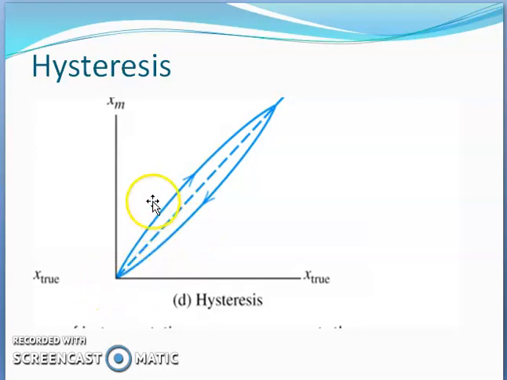So the deviation between the increasing and decreasing curves is called hysteresis error, and the curve is called the hysteresis curve. So these are the main scale errors in a transducer.